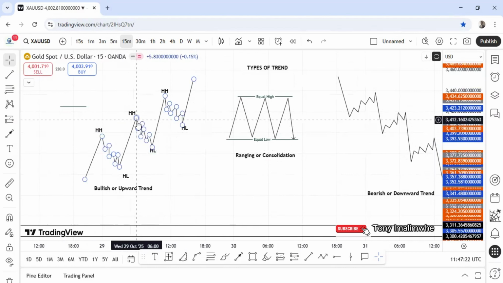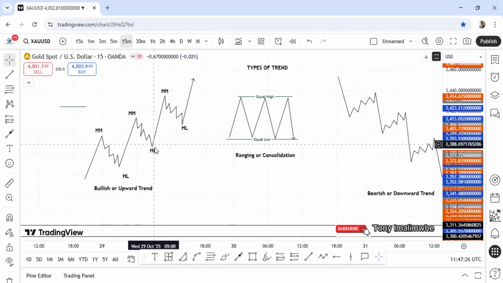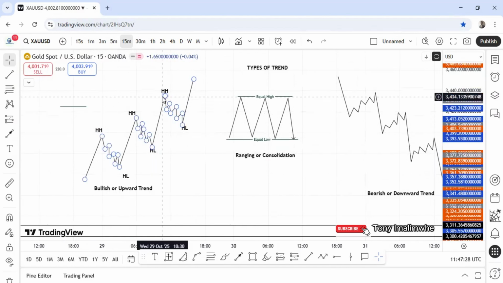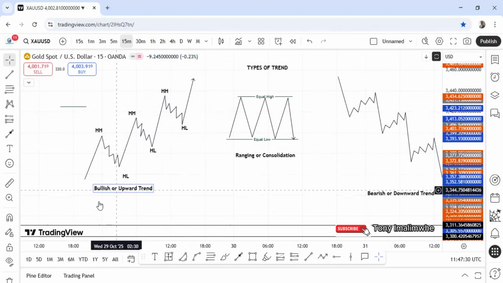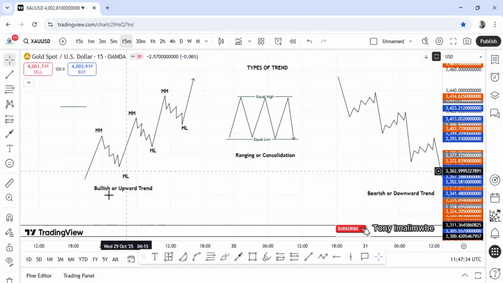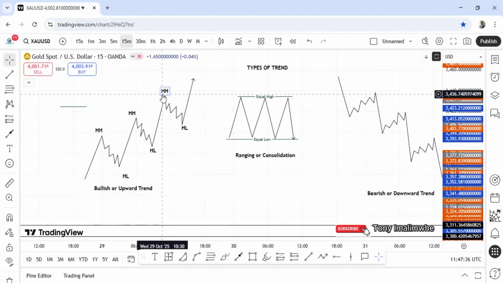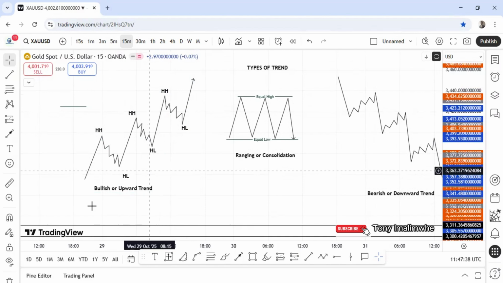We call this slow movement a pullback or correction or retracement, and then move impulsively again to give a high. You see that in this bullish trend, the momentum of price is to the upside. That's why we call this a bullish or upward trend.